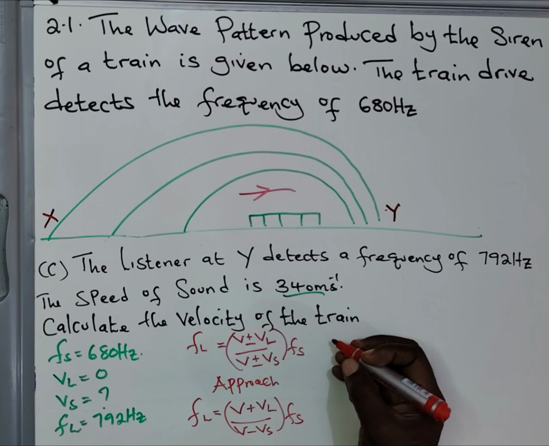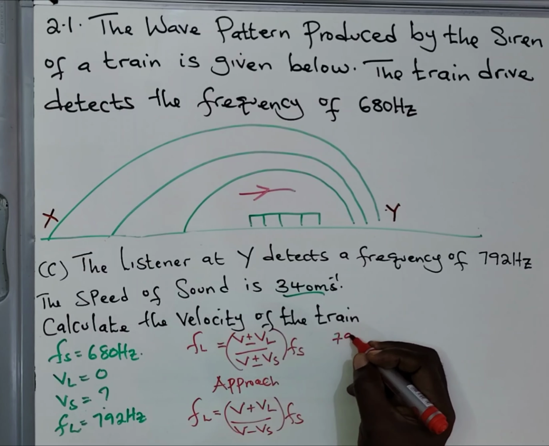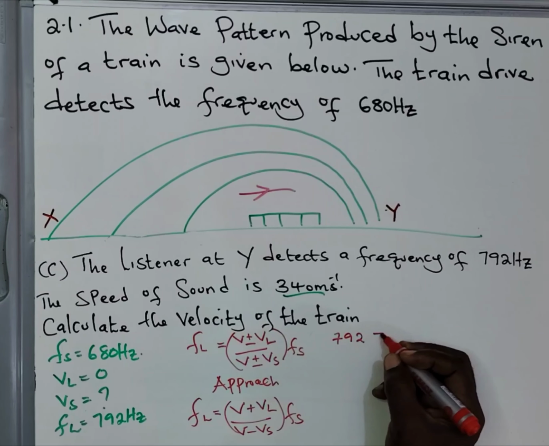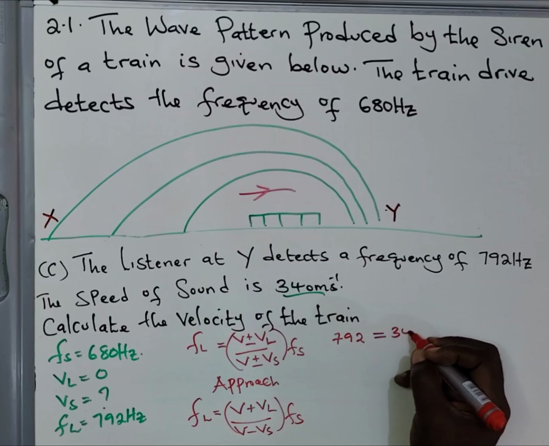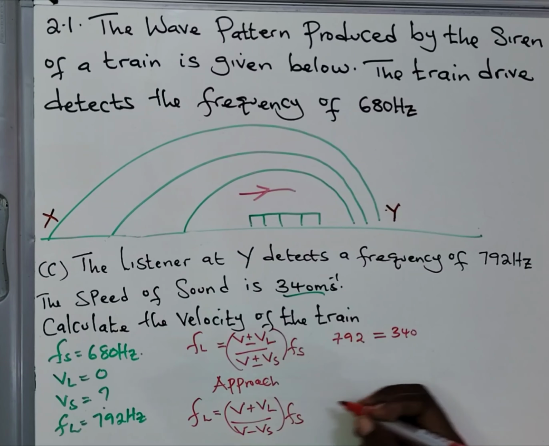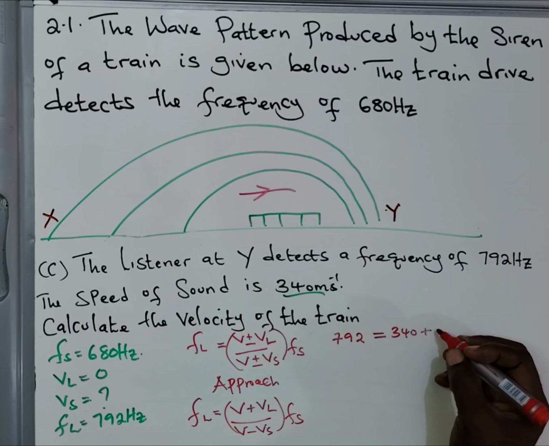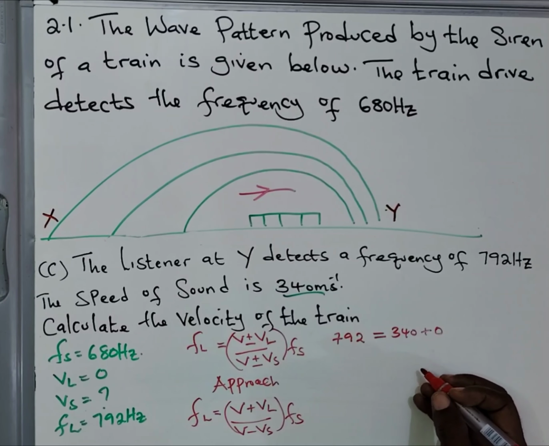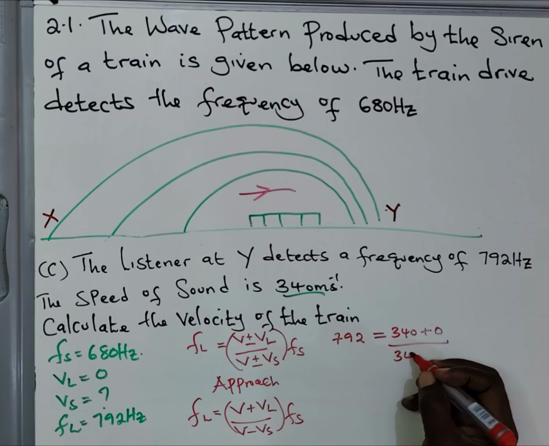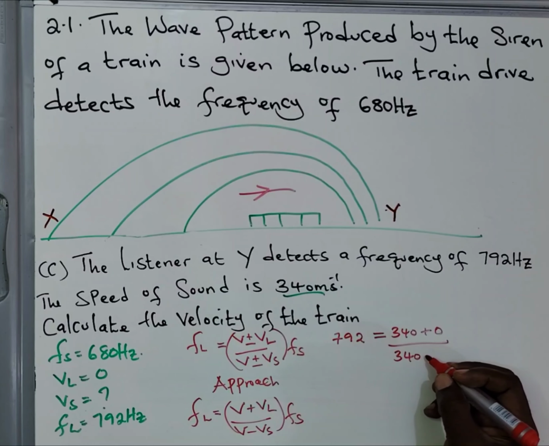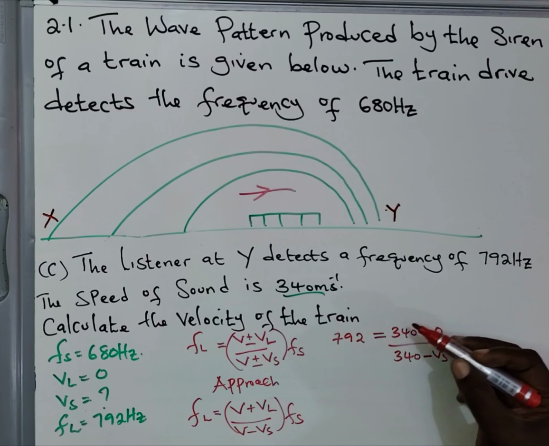And in substituting, this is what we know. We know frequency heard, which is 792. Okay, we know velocity of the sound in air, which is 340. And it's a plus 0, because we know the velocity of the listener. All this one is going to be 340 minus Vs, which we are calculating.